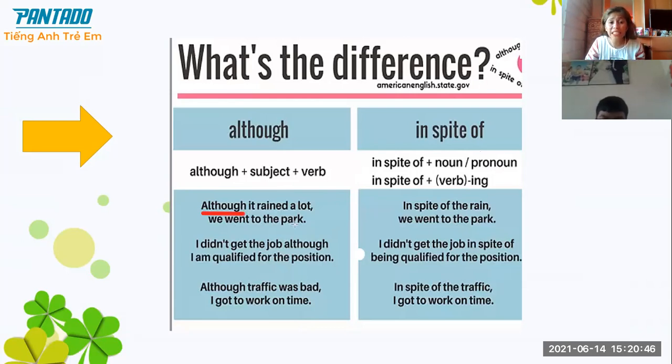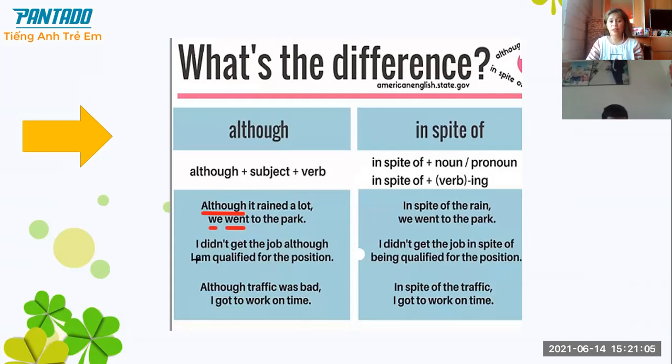Although it rained a lot, we went to the park. So although plus subject plus verb. We is the subject, and went is the verb.